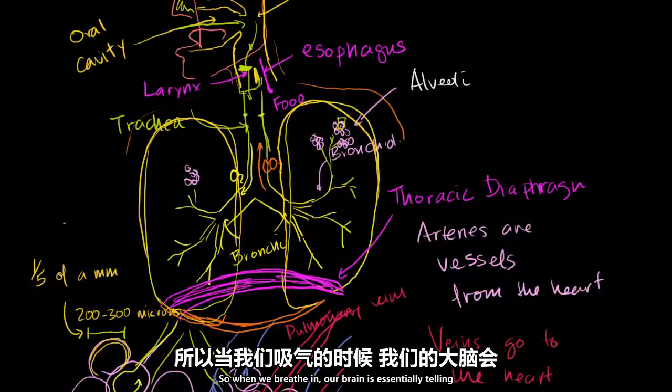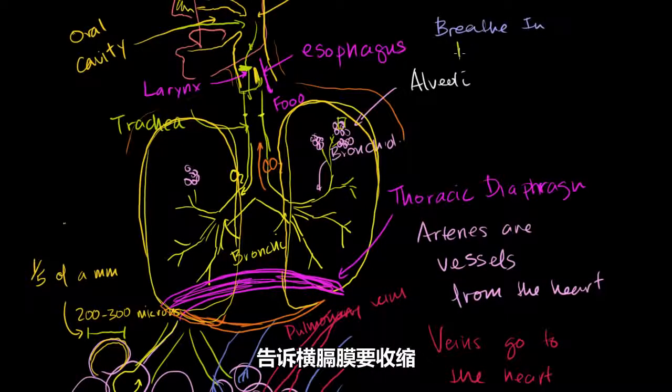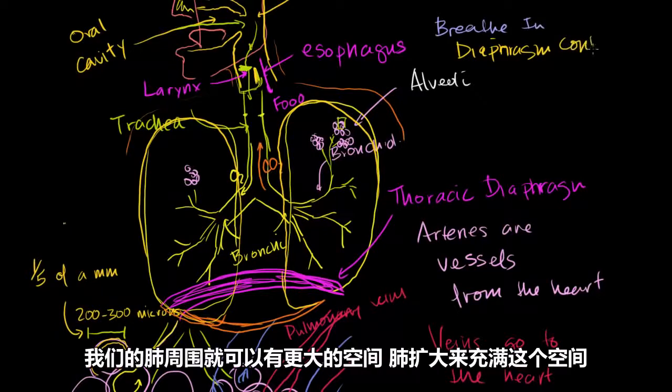So when we breathe in, our brain is essentially telling our diaphragm to contract. The diaphragm contracts, we have more space around our lungs, and our lungs expand to fill the space.